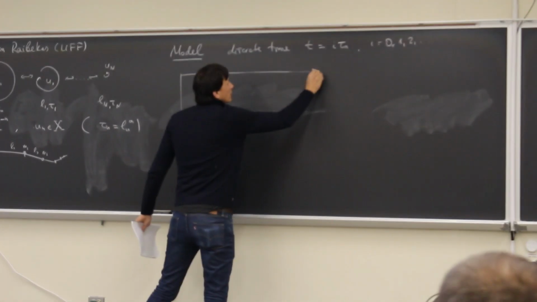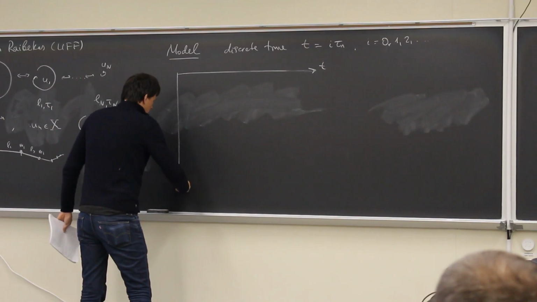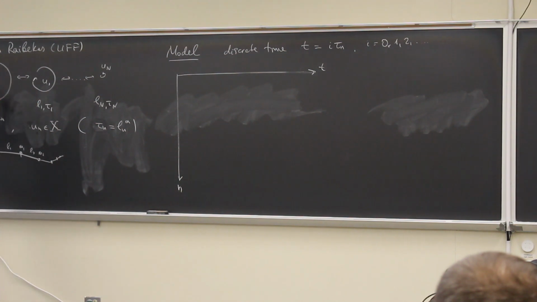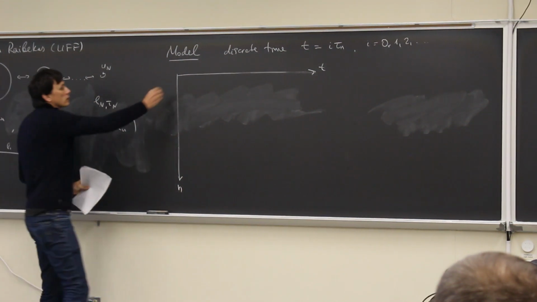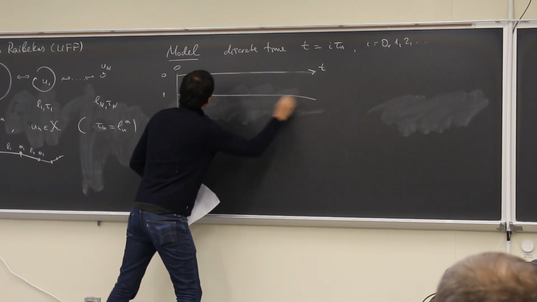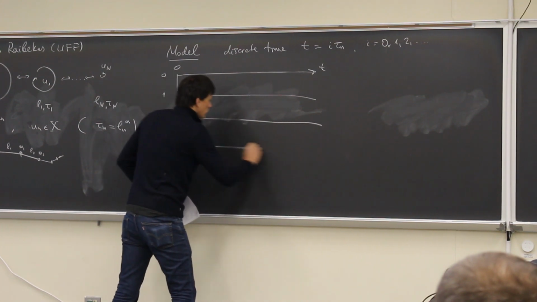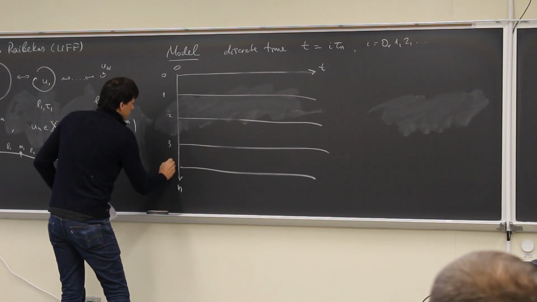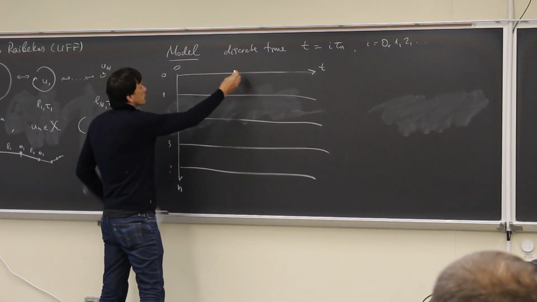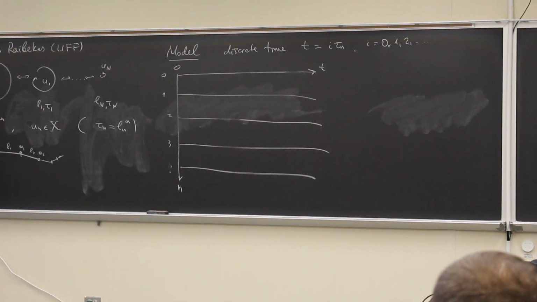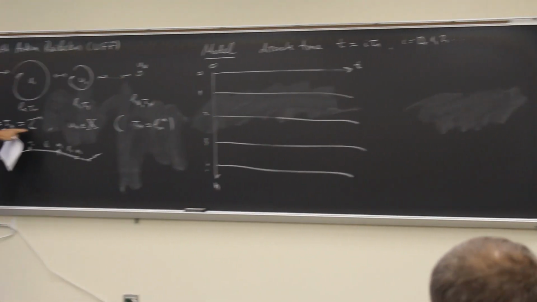This means that our space-time has scales labeled 0, 1, 2, 3, 4, and so on, and there is time. At the largest scale, which is size 1, the time step is also 1.